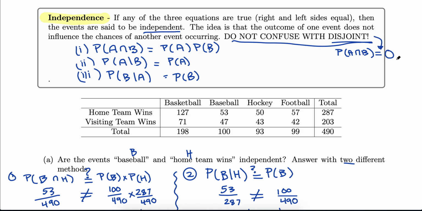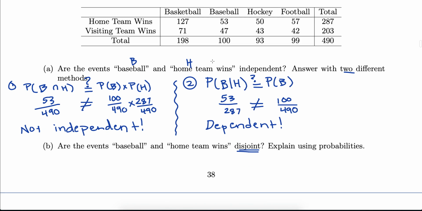The A and B cannot happen at the same time. There's no overlap, nothing in common. Whereas independence means that the A and B, the and or the overlap, is found by multiplying the two together. So they're saying two very different things. Make sure you're careful and don't get those switched around.